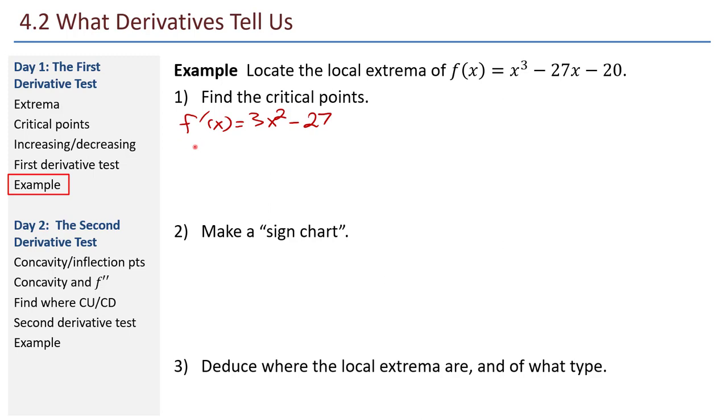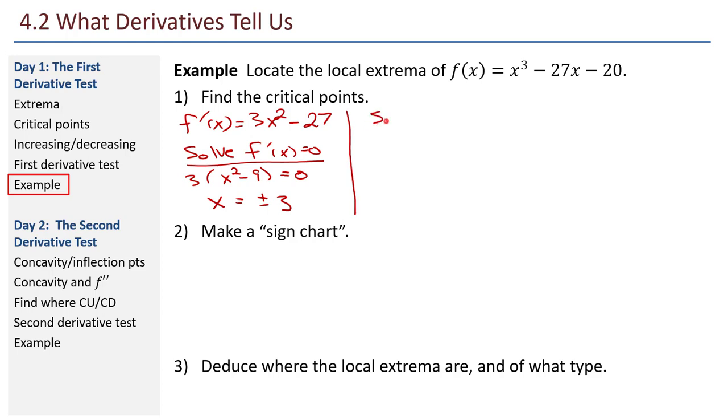And so let's solve f prime of x equals 0. We also need to consider where f prime of x does not exist, but f prime of x is a polynomial, so it exists everywhere.